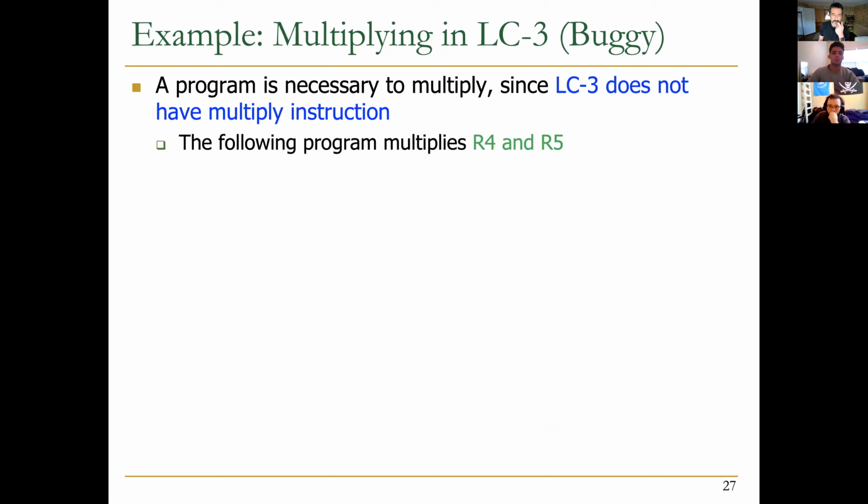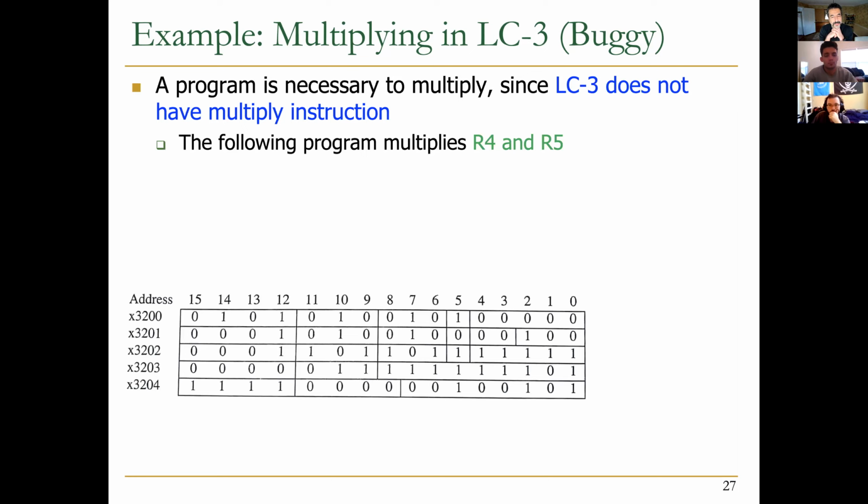You remember we discussed that LC3 doesn't have a multiplication instruction, so we somehow need to write a program to do multiplication for us. And this is how the program might look like in machine encoding.